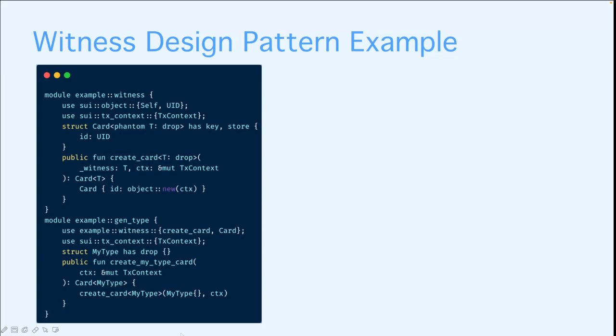The witness resource type must have the drop keyword so that this resource can be deleted after being passed to the function. And the ability restriction for the type parameter received by card is restricted to drop only. We see that the instance of the MyType resource is passed to the createCard method and deleted. That's ensuring that a caller has ownership of the witness and that only one instance of the card can be created for a witness resource.